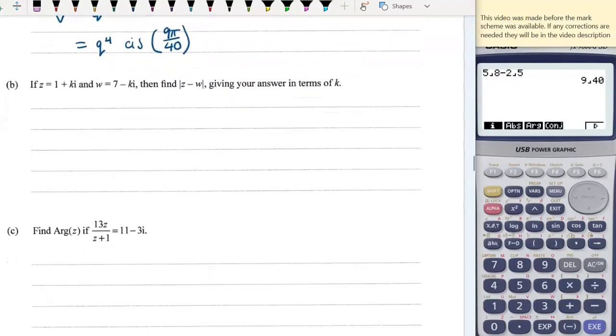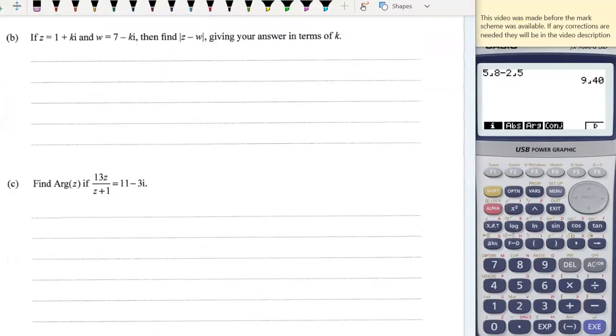Okay, for B, we want to find the modulus of z minus w. So we're going to do the modulus of, okay, so z minus w is 1 plus ki minus 7 minus ki.